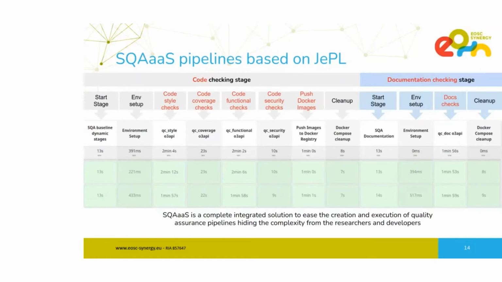Once all these tests pass successfully, we can push the Docker image to the Docker Hub registry, for instance, and then also test the documentation of the repository, or of the software hosted in the corresponding repository.